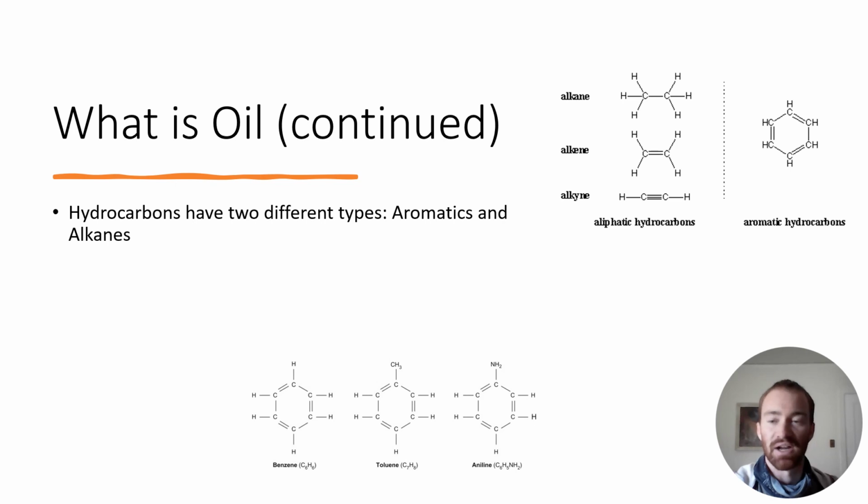The other type is alkanes, which are single bonded hydrocarbons like I have here on the top right of the slide. Alkanes can be broken down naturally and ingested by some microorganisms.